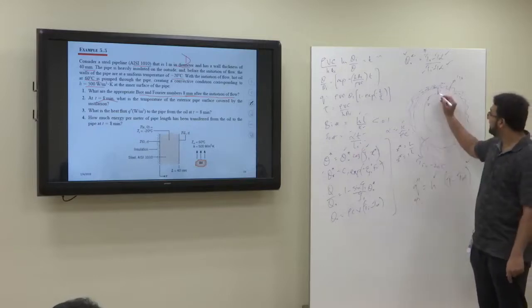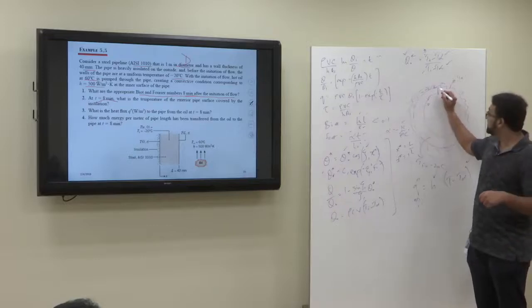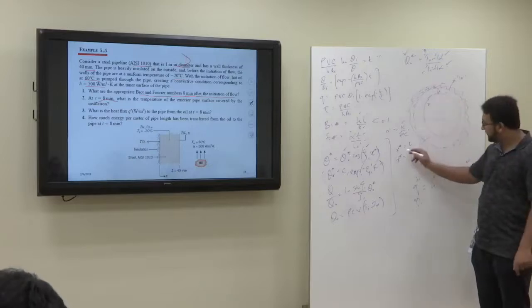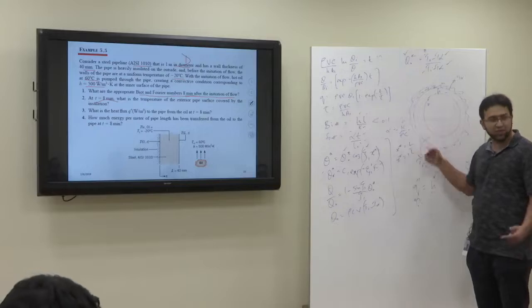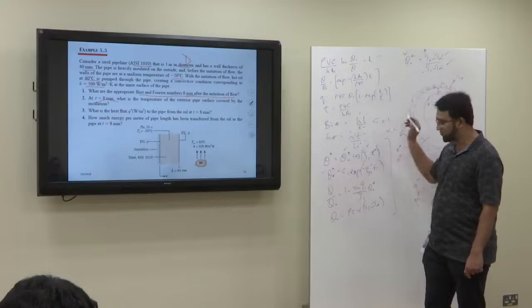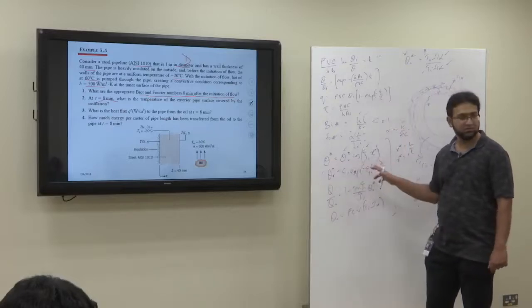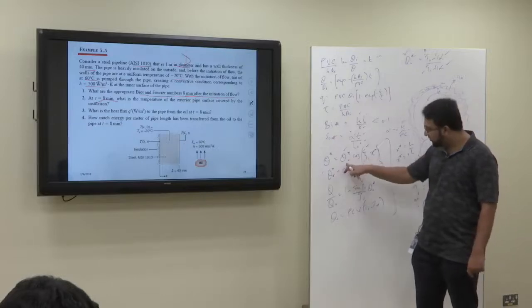Since we need to find it at the total thickness, consider this as the L thickness. So x star is x upon L, where x is L, so it is 1. This thing is also known. So now we know all three things here: we know eta 1, we know x star, and this we already determined.